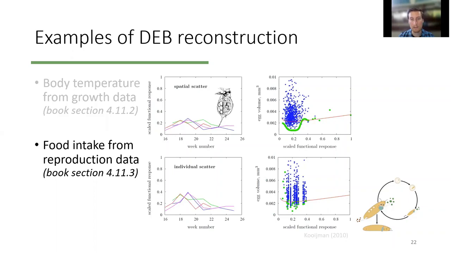Note here that this is also a way to check one concept of the theory, the maternal effect, which states that the reserve density of the mother is then found at the same value in the eggs. And so inverting this model here allows us to check this principle.